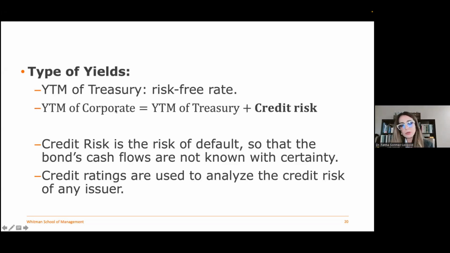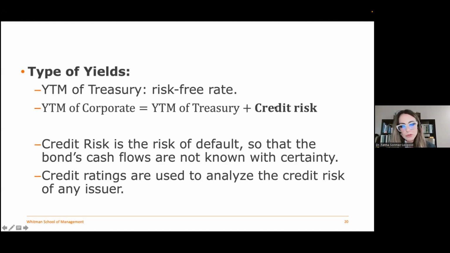Whereas the yield on the corporate bond, because it's risky, is composed of two things. One is the risk-free rate, which is the yield on the Treasury, whatever this rate is, and more. Which means when you invest in a risky corporate bond, you are asking, I need to earn at least what the government is paying and more.